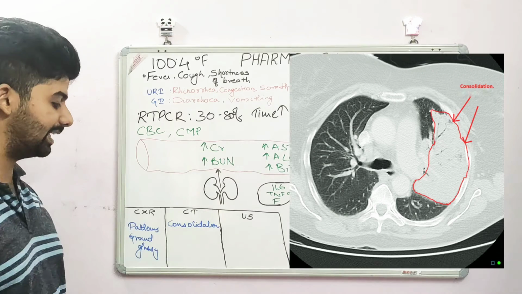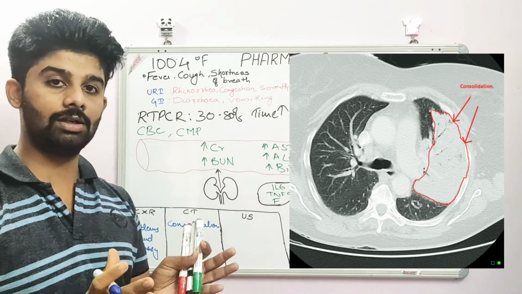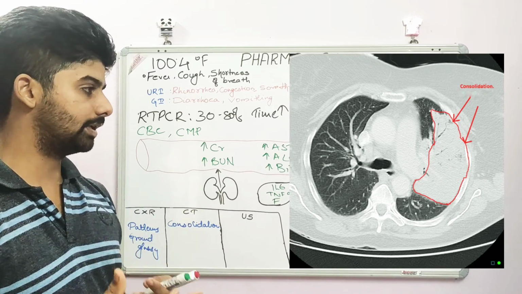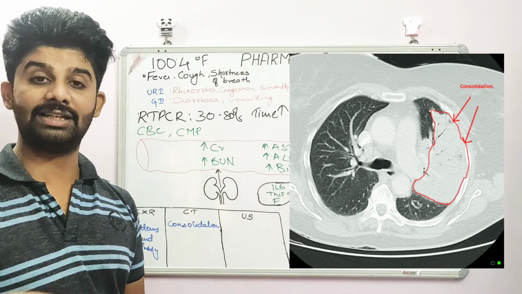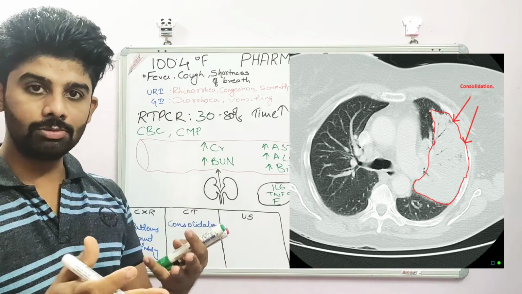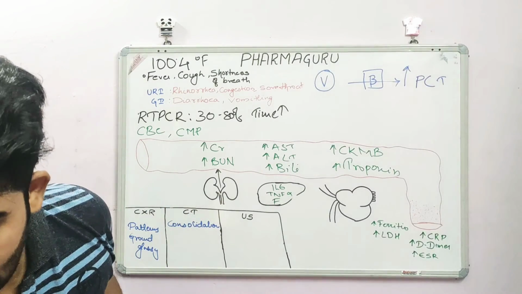In CT scan we can see consolidation, because in pathology we have learned that in the alveoli there will be filling up of macrophages, neutrophils, or other inflammatory mediators, the fluid, and the debris of the type 1 and type 2 pneumocytes. All that fills up and forms a consolidation. Right guys?